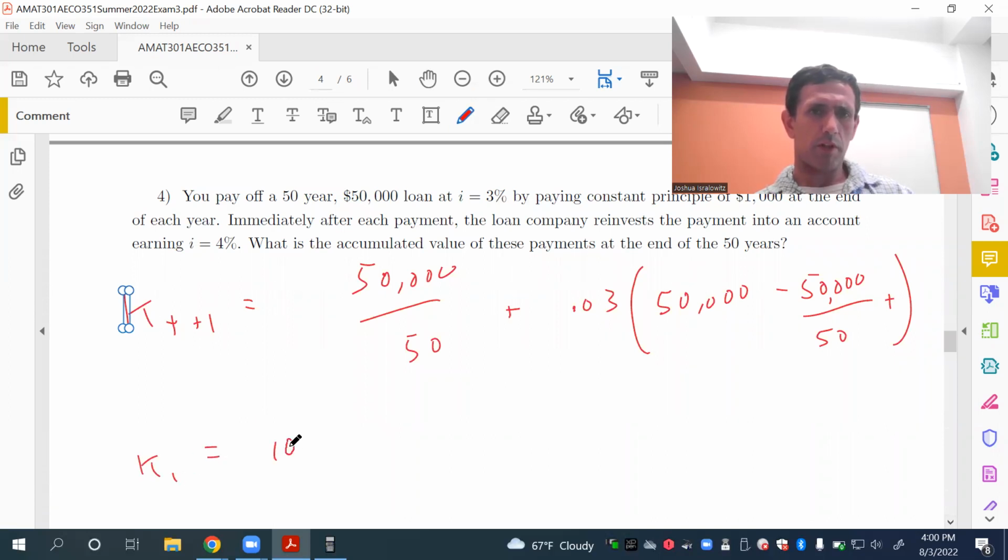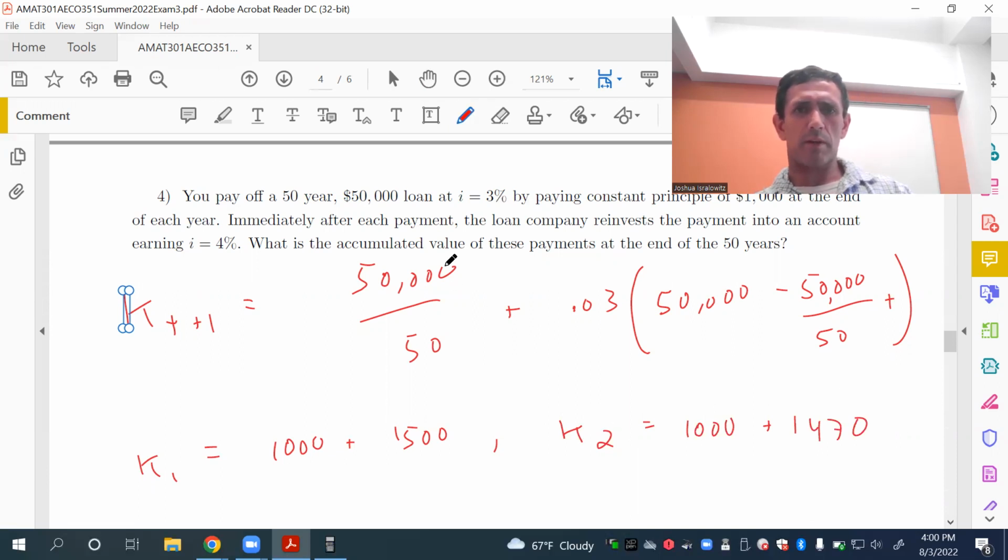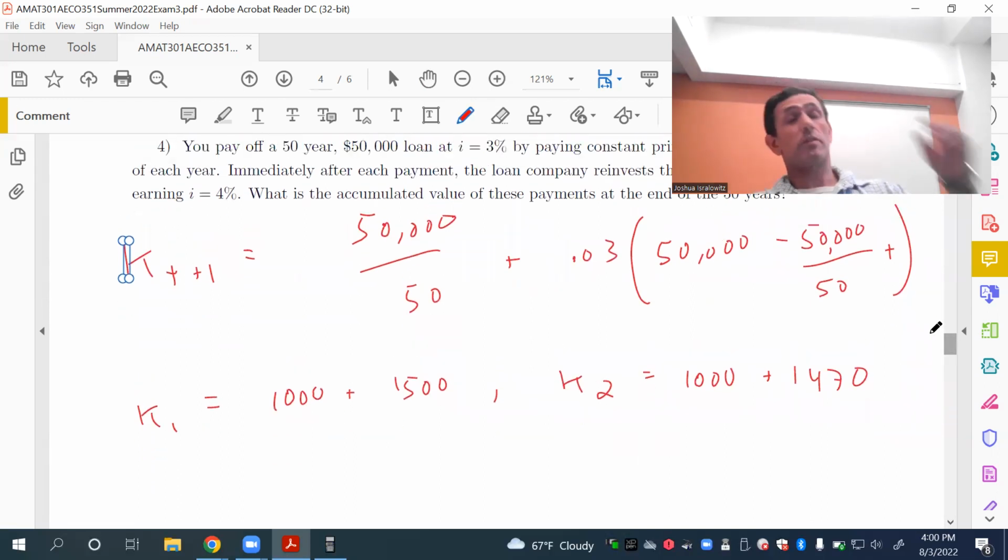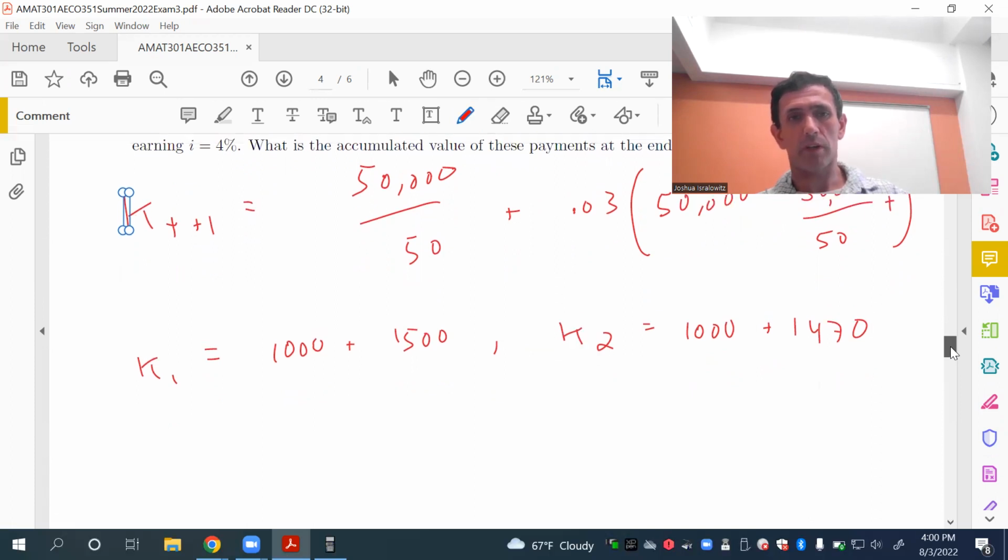So K1 is 1,000 plus 1,500, K2 is 1,000 plus 1,470. So I didn't really stress this, but this formula literally gives you constant principal that you're paying off plus your updated interest, not your updated interest rate, the updated amount of interest you pay off each period.